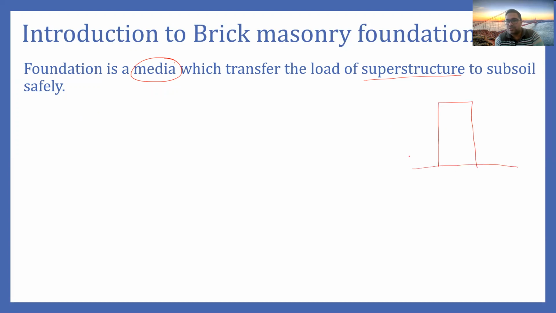So suppose this is the ground level, and below the ground level there is an element of the building which is called the foundation. So the element of the building below the ground level is known as substructure, and this substructure mainly consists of the foundation. And the part of the building above the ground is known as superstructure.